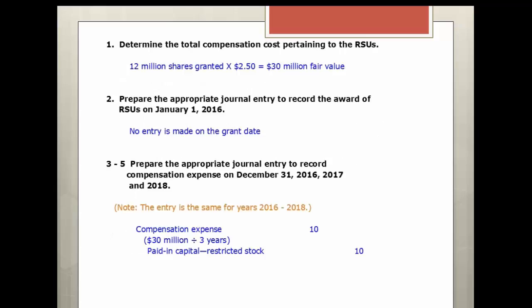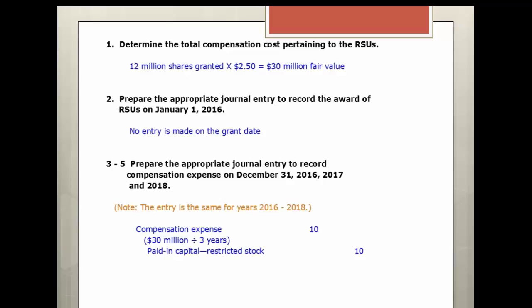First, we want to determine the total value. We have 12 million shares granted, and the fair value at the time of granting is $2.50 per share. Therefore, the value of what we're offering is $30 million.